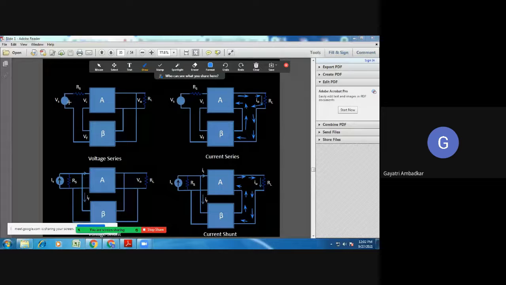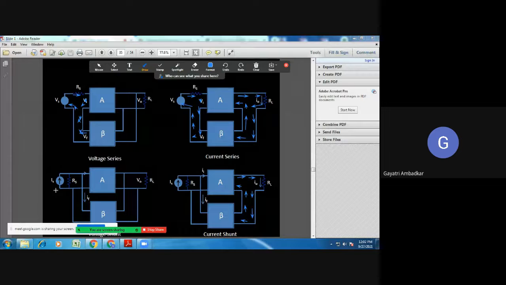While mixing, when you mix the input voltage, voltage mixing will be done in series. So in this case, when you have to mix voltage, look here. When the feedback signal is a voltage signal, then this kind of mixing is used. Here also, when the input signal is a voltage signal, then mixing is series.